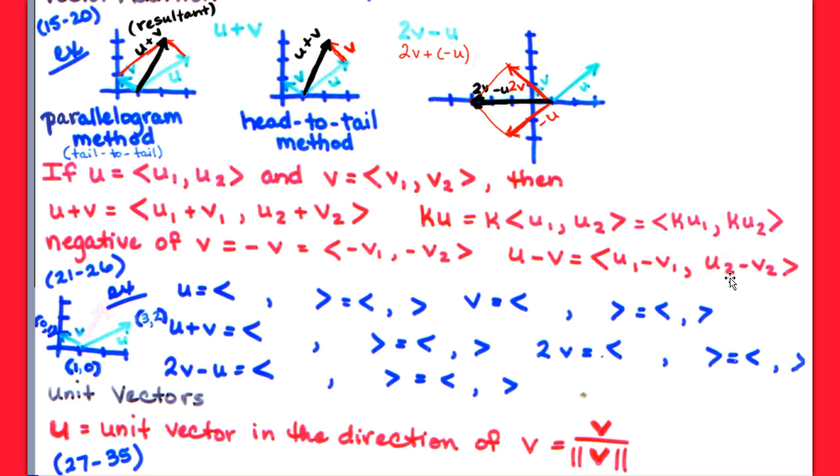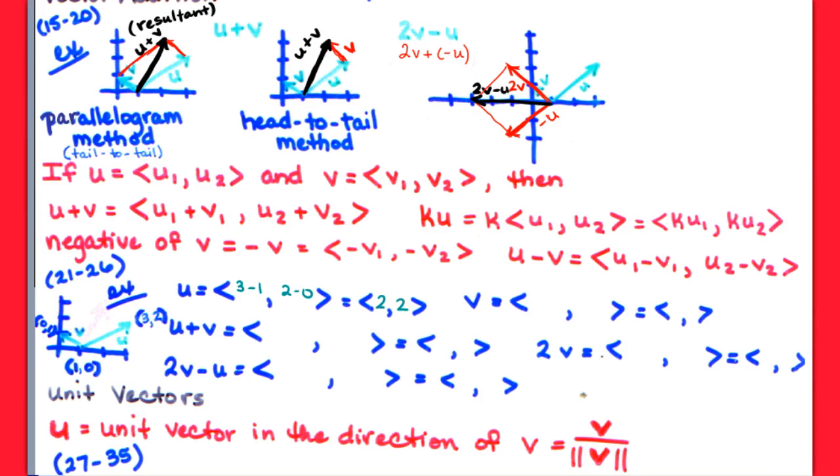All right? So first I need to get these in component form. So I'm going to take those same two vectors we were just working with. Let's start with u. So if I do component form like we did higher up on the page, 3 minus 1 and 2 minus 0, then I'll get vector u is <2, 2>. Or you also could have just counted over and counted up.